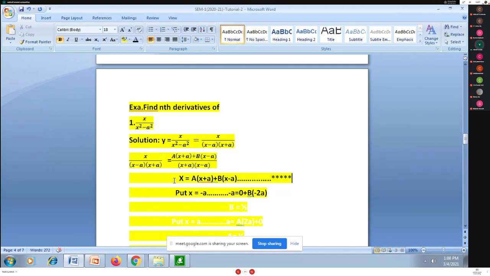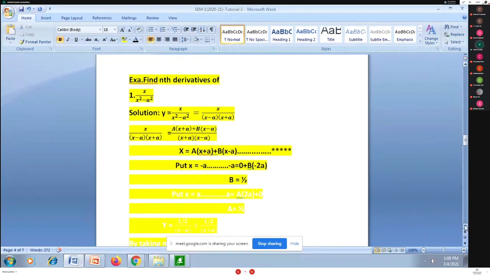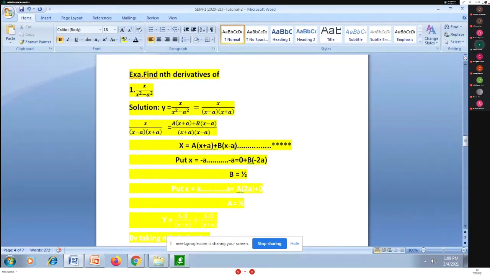So you will have minus a is equal to capital A into 0 plus capital B into minus twice a. Minus a will cancel out, and you get the value of unknown B. So one of the linear factors you equate with 0, and from that you get the value of an unknown. Similarly, substitute x minus a is equal to 0, so that you will have x is equal to a.